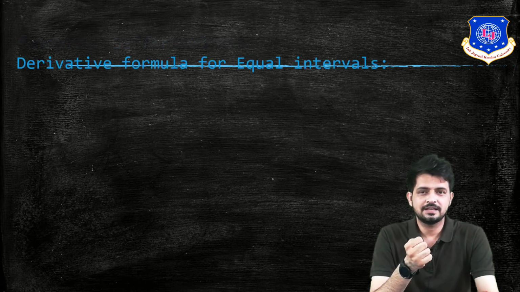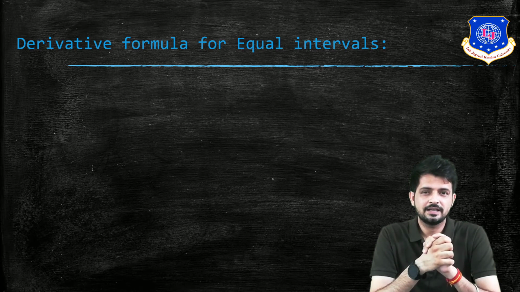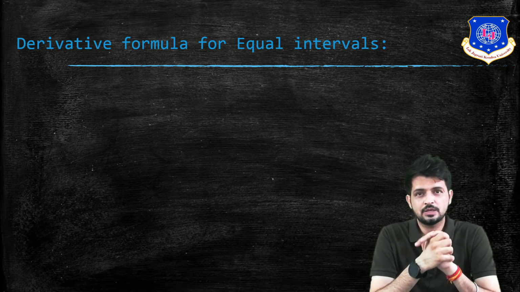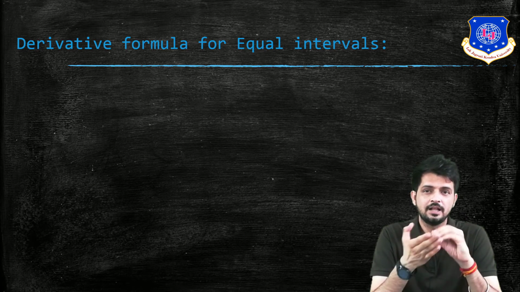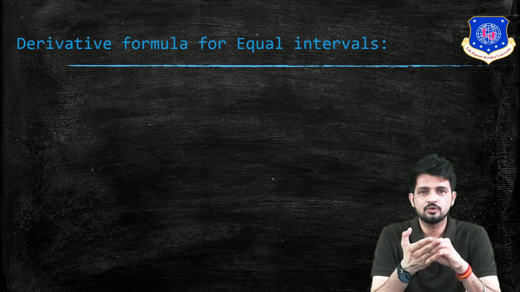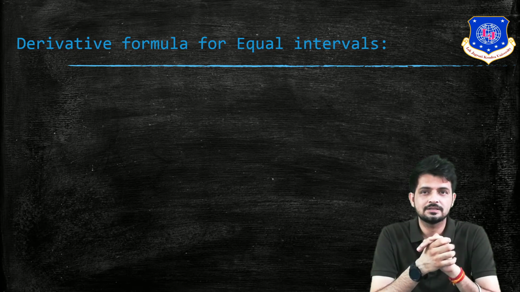Let us derive the formula of numerical differentiation. There are again 2 types: equal intervals and unequal intervals. For equal intervals we have 2 methods: Newton's forward interpolation and Newton's backward interpolation. Similarly for unequal intervals we have 2 methods: Lagrange's and Newton's divided difference.